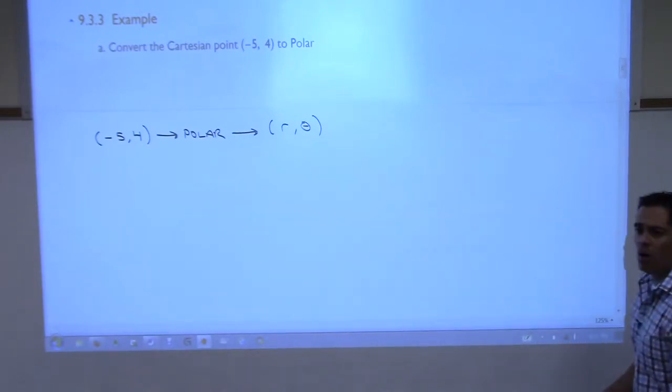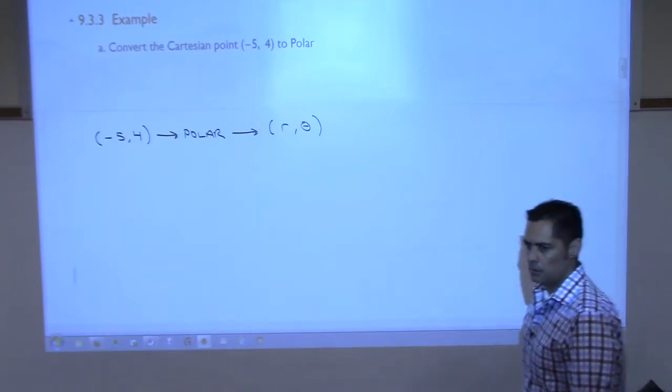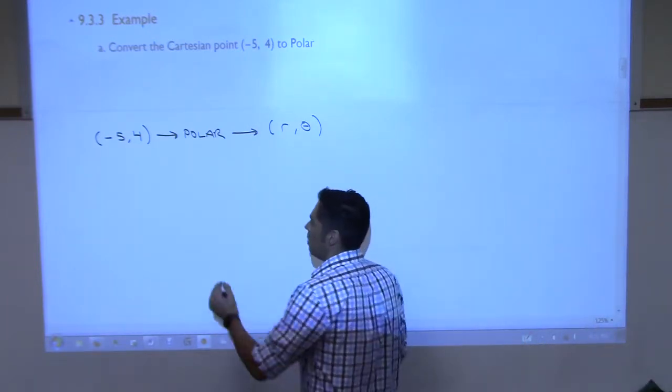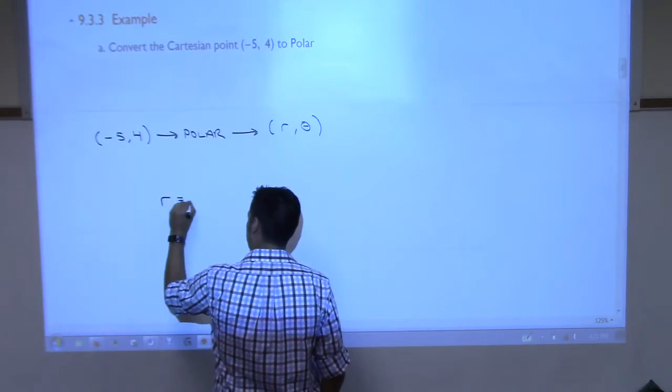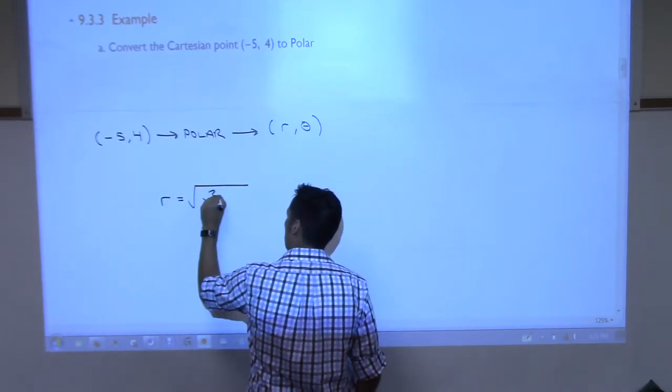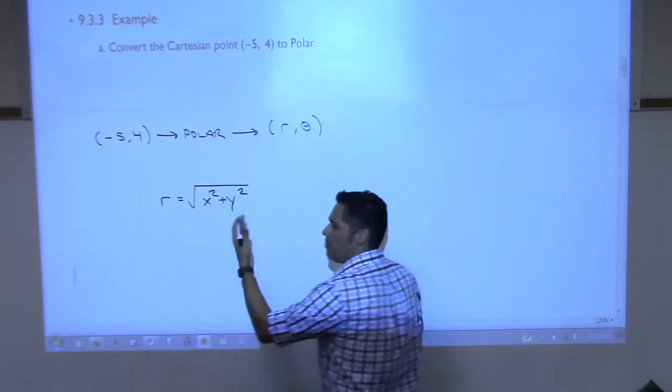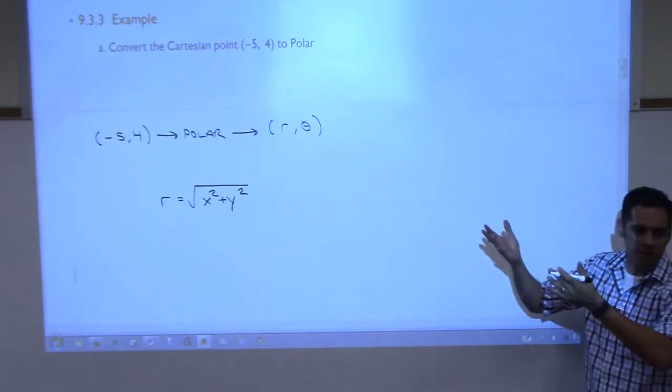Okay, so now let's do this. How can we get r? It's on your notes. I have an equation for r. r is the square root of x squared plus y squared. That's just the Pythagorean identity taking the root of both sides.